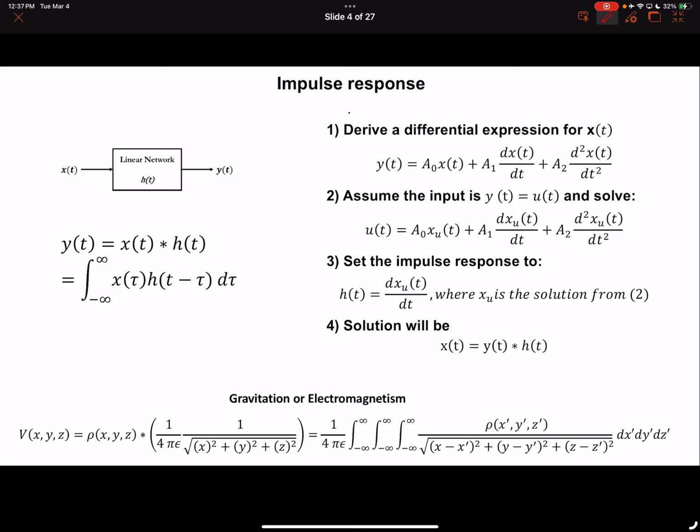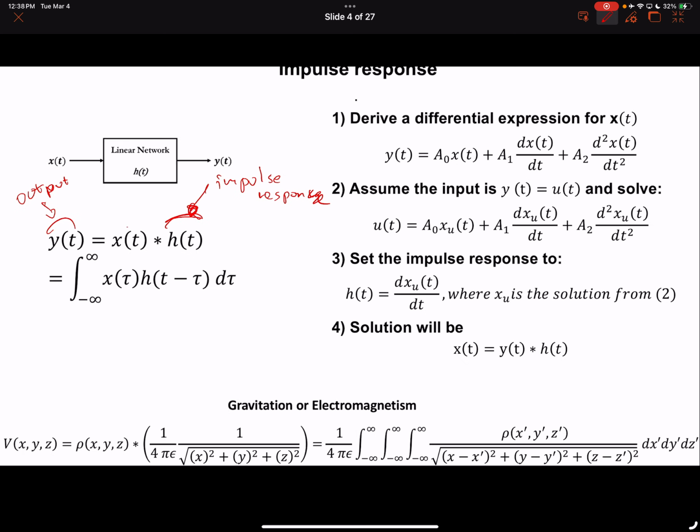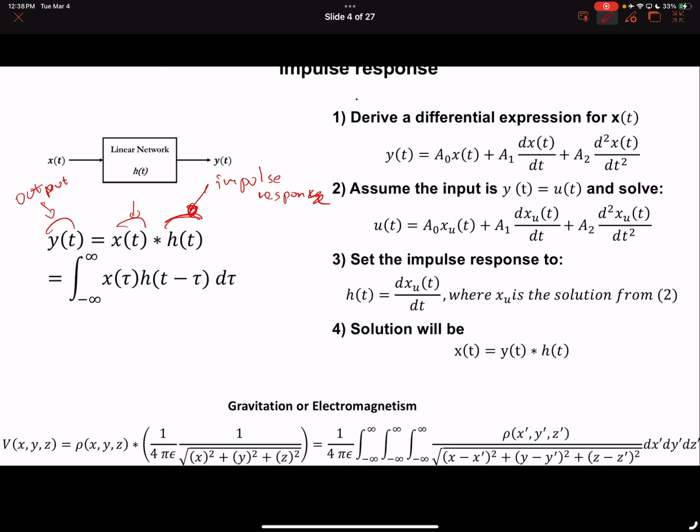All right, so then we talked about the impulse response, and we said that if we know the impulse response to a circuit, in order to find the output of that circuit, like a capacitor voltage, we just need to convolve the impulse response with the input voltage or the forcing function.